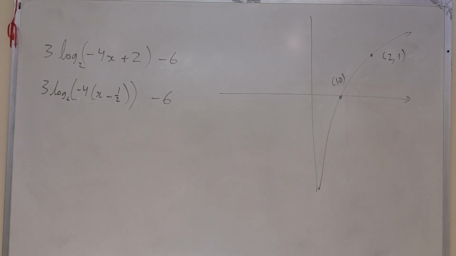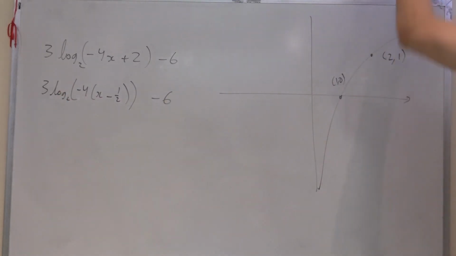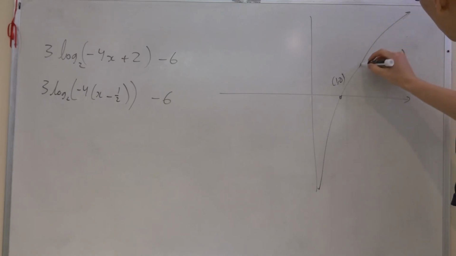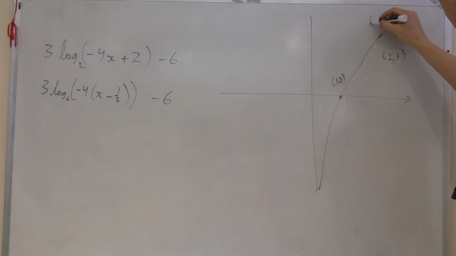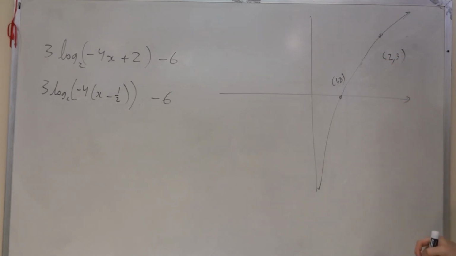Then you want to do the vertical and horizontal stretching. So this time I'll do the vertical stretch first and then the horizontal stretch. Vertical stretch is by 3, so this point gets tripled in height, which means it's going to get sent to 2, 3. So maybe you just draw it a little bit longer. Here's the point 2, 3. Okay? The shape doesn't really have to change that much.